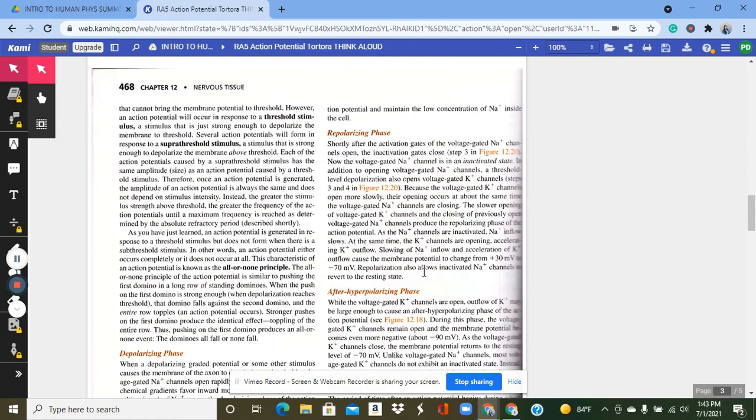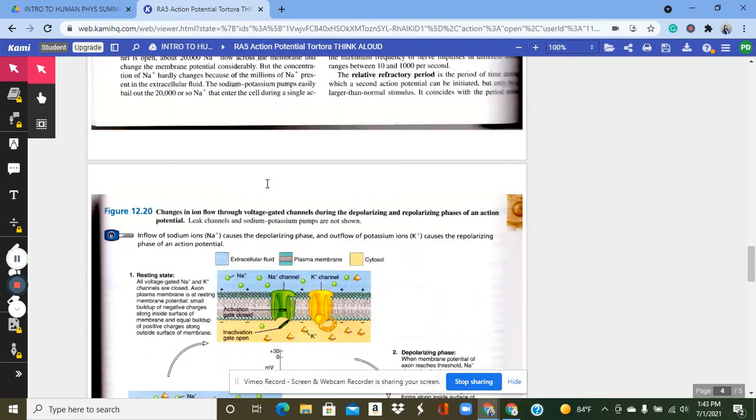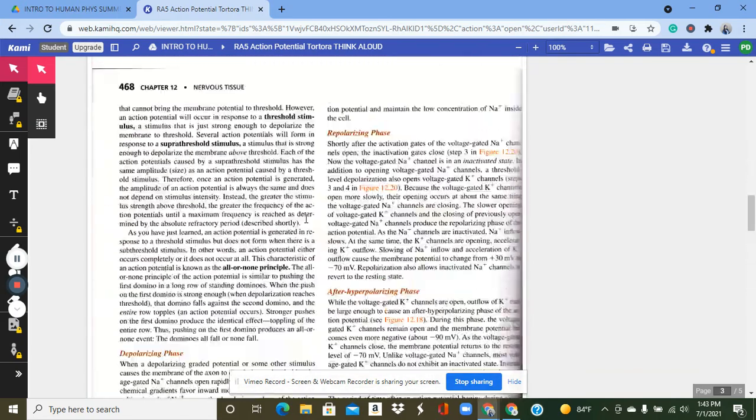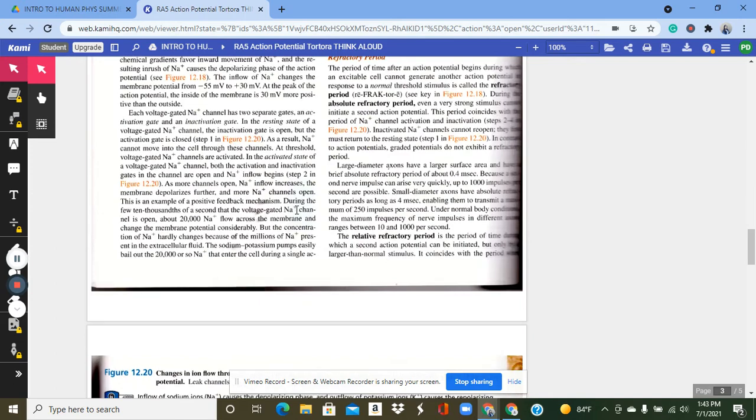Slowing of sodium inflow and acceleration of potassium outflow causes the membrane potential to change from positive 30 millivolts to negative 70 millivolts. Repolarization also allows inactivated sodium channels to revert to the resting state. So I'll look at steps 3 and 4 in figure 12.20 before I move on to the after-hyperpolarizing phase.